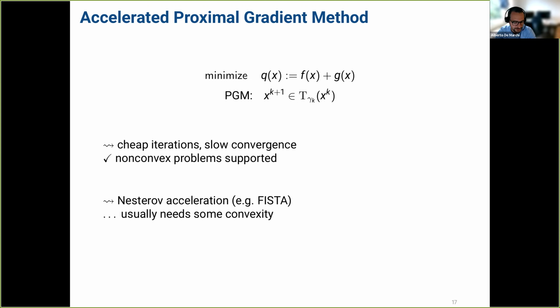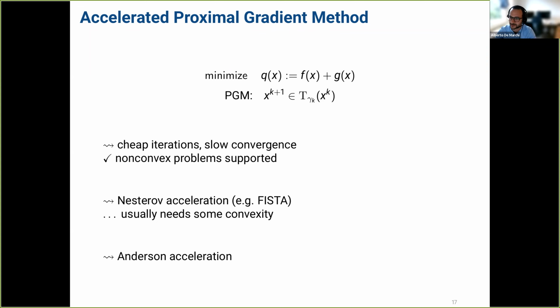But usually these are applied only in the convex setting, or at least some convexity is needed in the functions to get convergence. Otherwise, you need other mechanisms to ensure convergence. Different approaches include Anderson acceleration, that is sort of averaging or least squares of the iterates to get faster convergence.